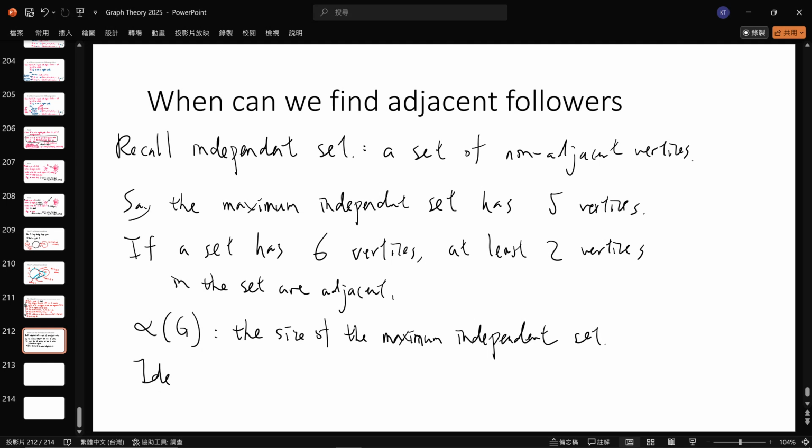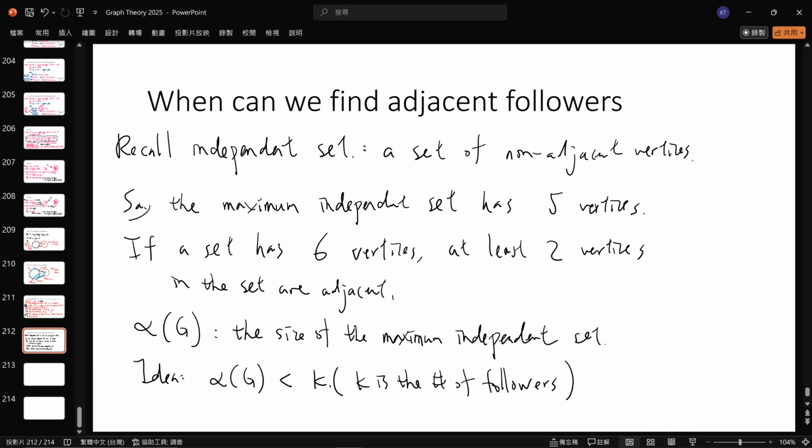So the key idea is that if alpha G is less than k, recall that k is the number of followers, then we know that these followers cannot be an independent set, which implies that two followers must be adjacent. This is the high level idea.